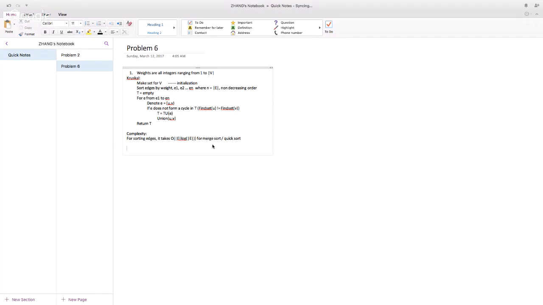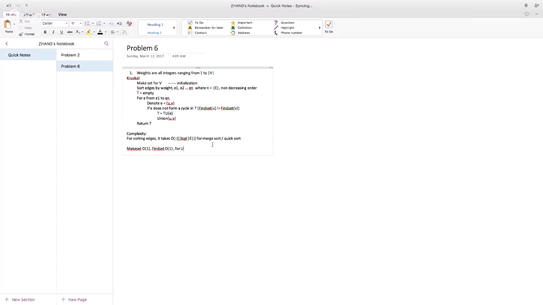For make set, it is O(1). For find set, since it is implemented using a hash map, the checking time is still O(1).